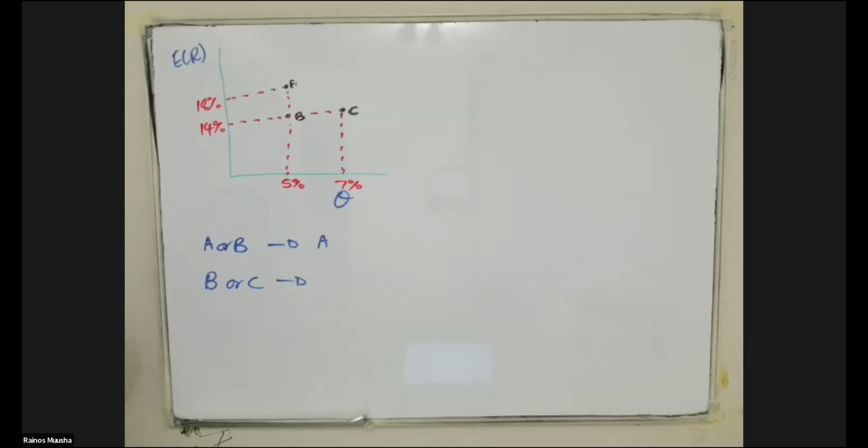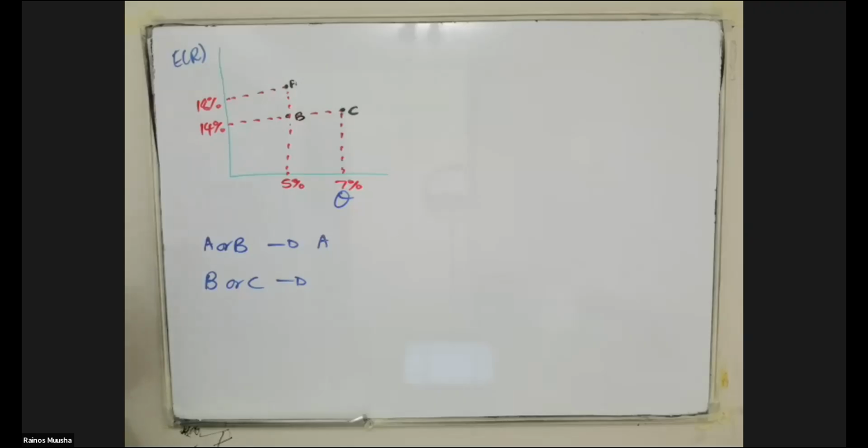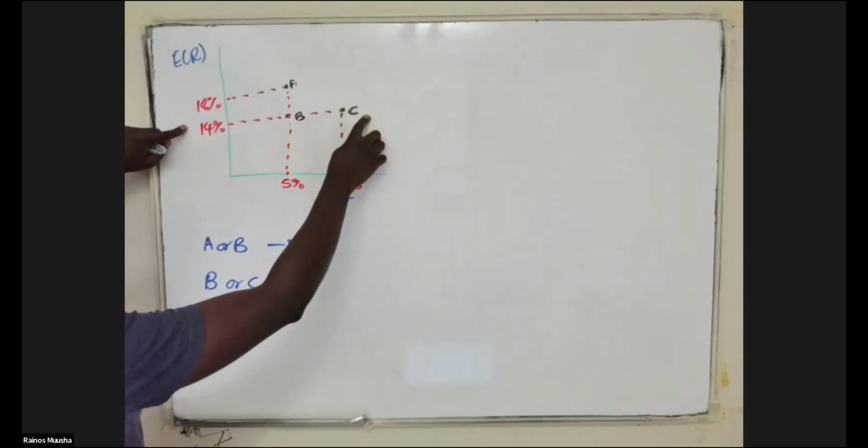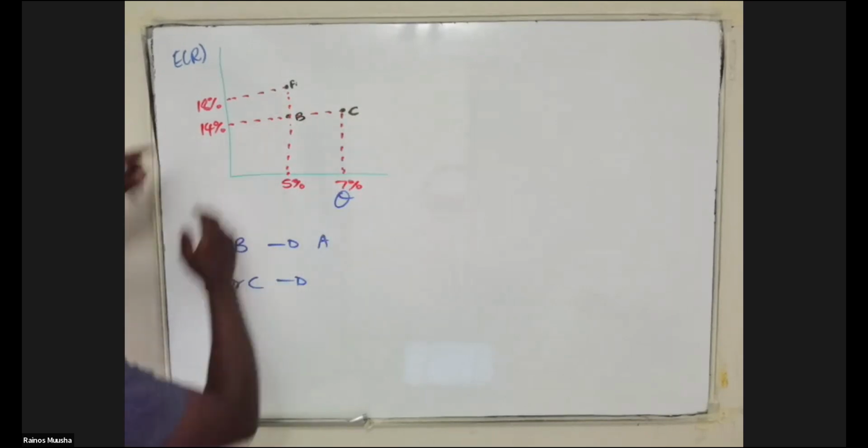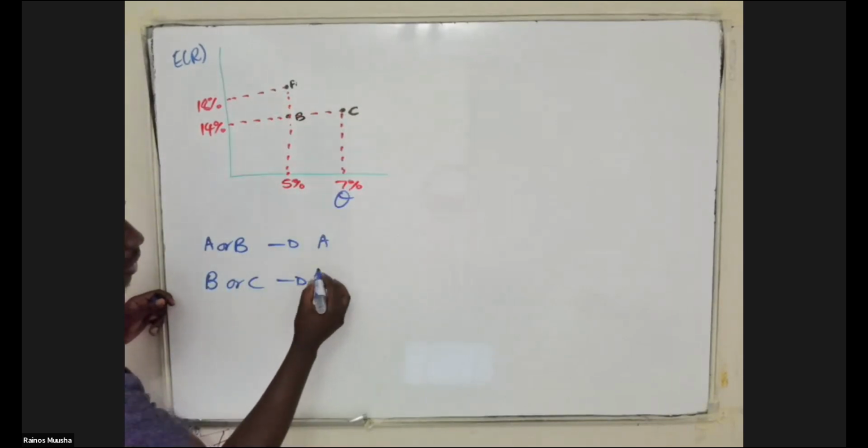It will be B, Reynolds. Why B? I think simply because they both give us the same return, but B has got less exposure. Yes. So because for the same return, B has a less risk exposure, it means we'll choose asset B, isn't it?